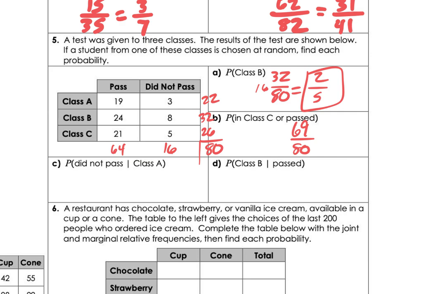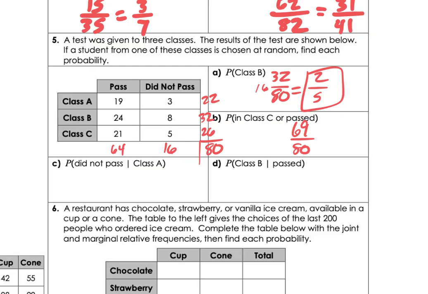If I said Class C and passed, then that would be these 21 people right here. Those are the people that did both. They were in Class C and they passed. So 21 is a lot different than 69, right? Those two numbers are quite a bit different. And so one word changed everything, and versus or. And my answer was quite a bit different.